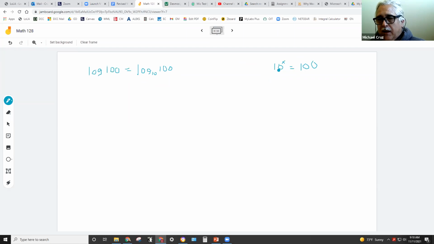So since that's the case, it means 10 to the x is equal to 100. This would be equal to 2, because 10 to the second power is 100. Remember, the log is finding the exponent that will give you this value, and the exponent is, of course, on this base here.